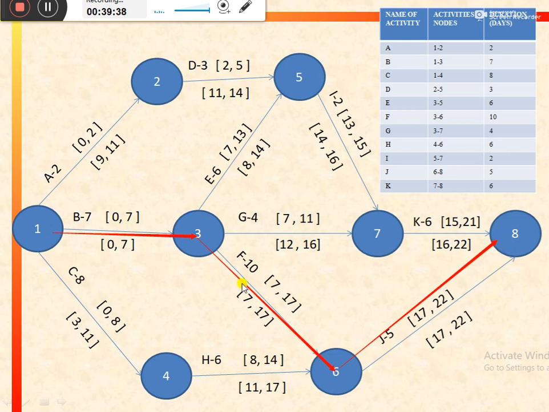If we delay this path, then there would be a delay in the whole project. So the activities B, activity F and activity J would be known as critical activities of the network.